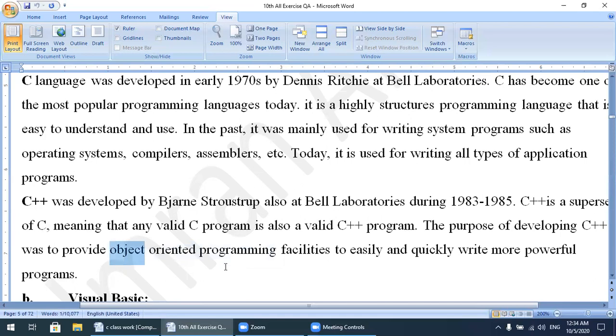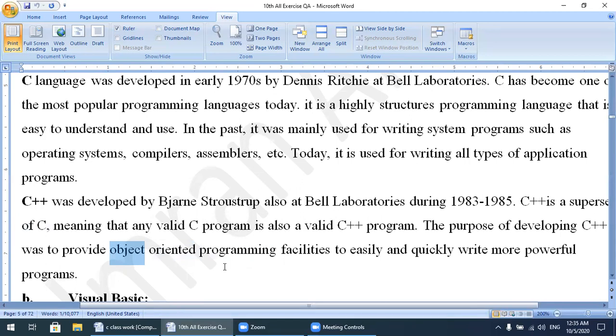What is an object? Existence of anything in the world is known as an object, or you can say an entity as well.